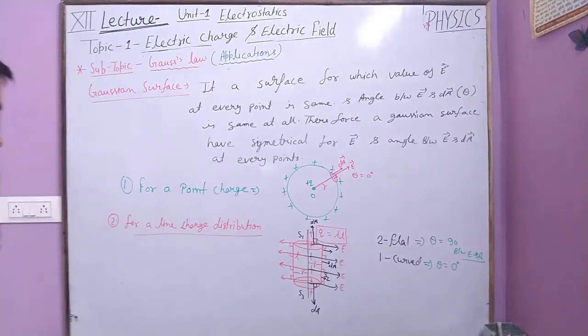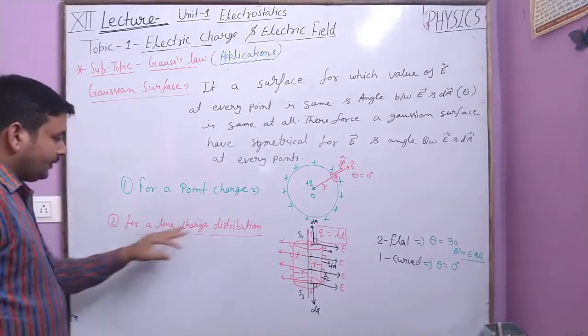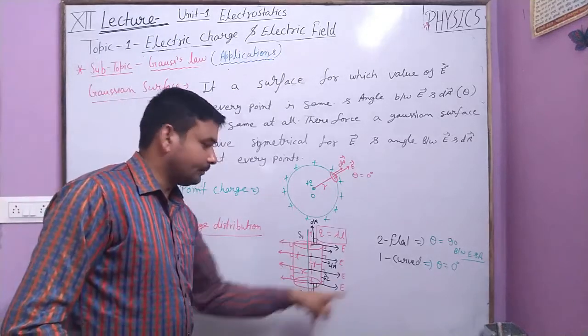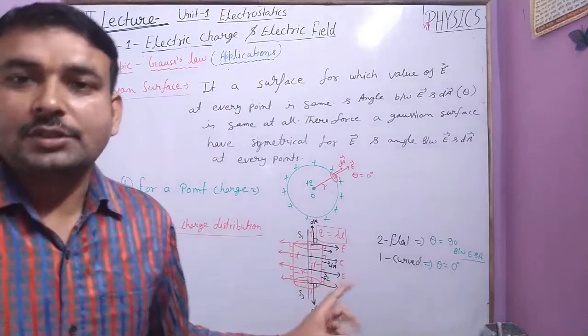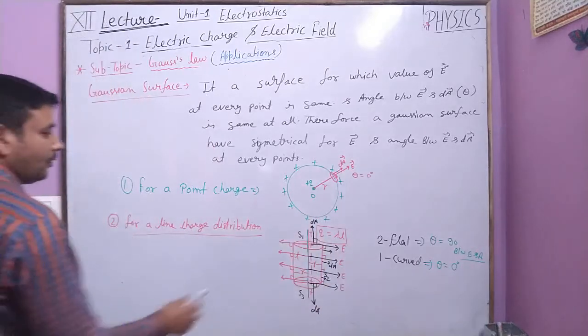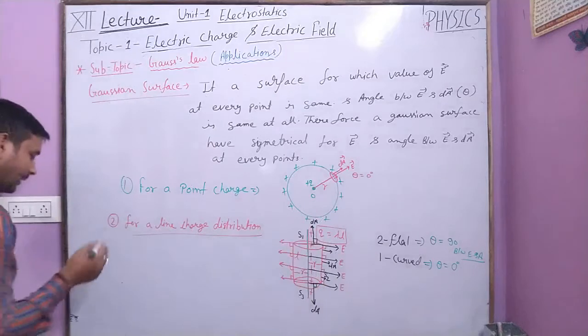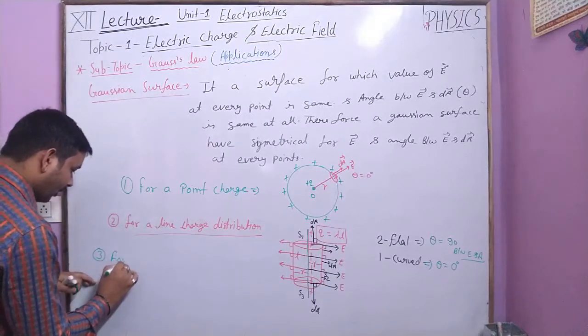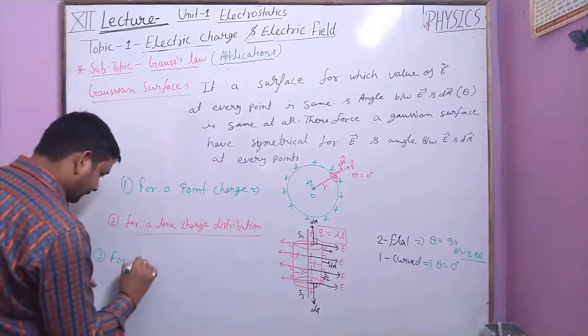So if you are given a line charge distribution, you can consider a cylinder whose axis is the linear charge distribution.